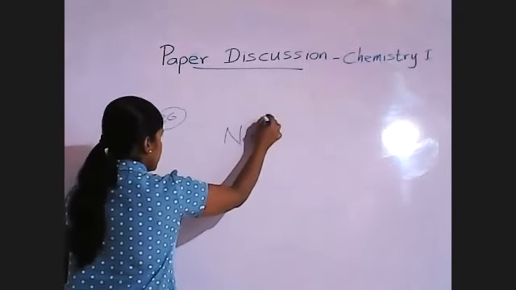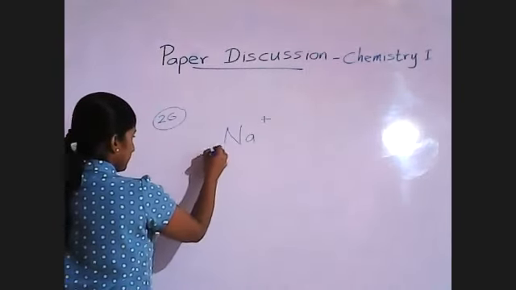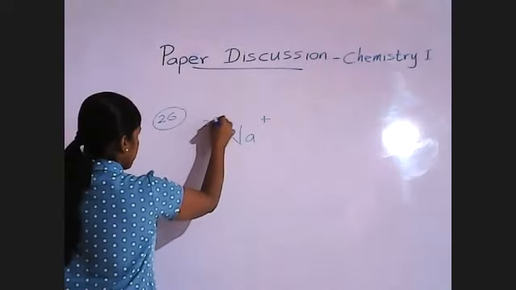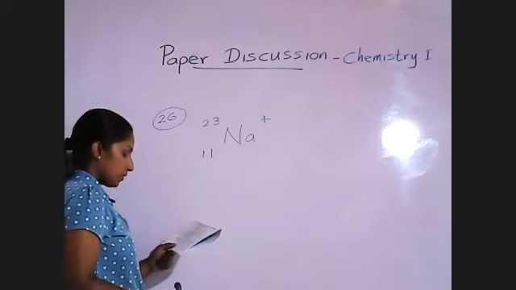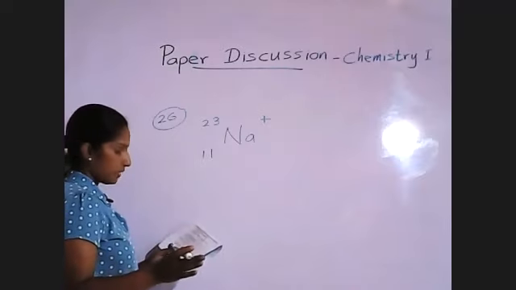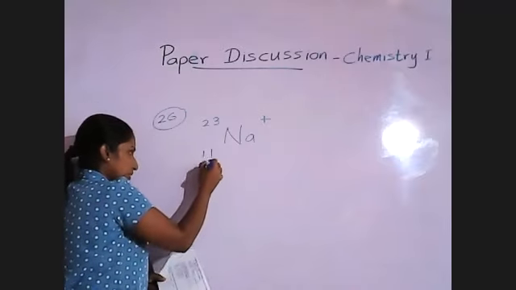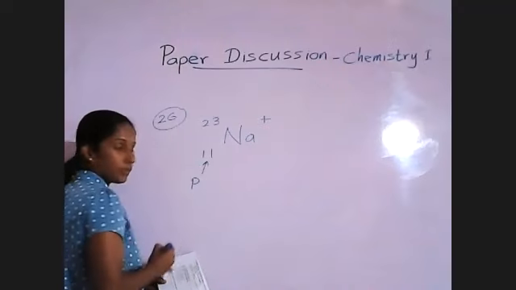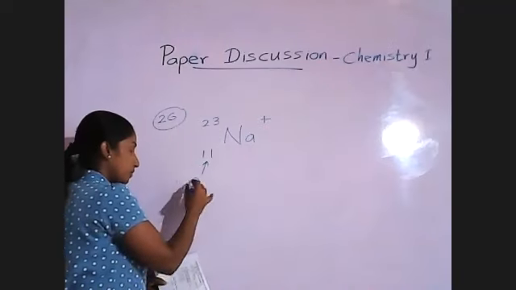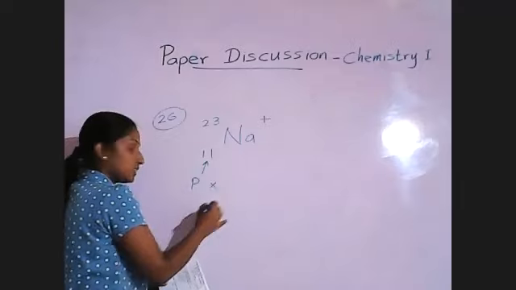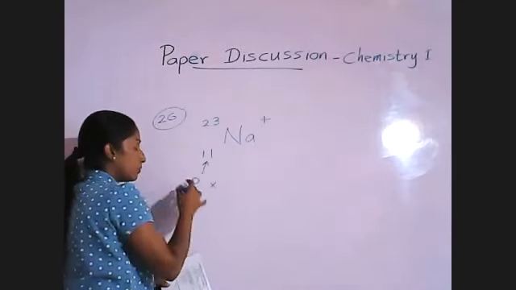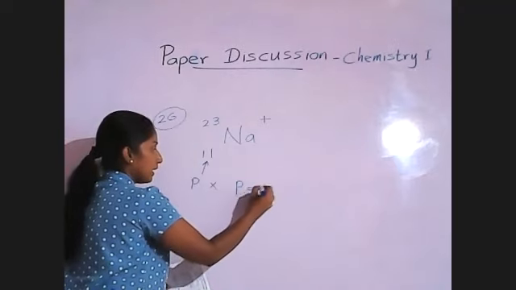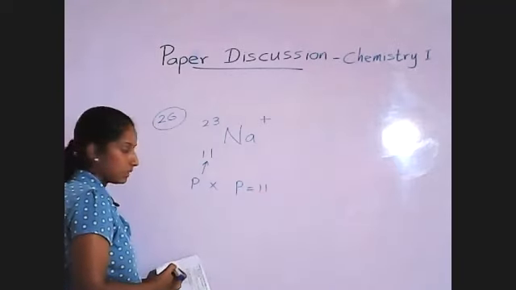Sodium plus ion, atomic number 11 and mass number 23. The number of electrons and neutrons are asked. This is the atomic number, that means the number of protons. The number of protons does not change, so in the ion also there are 11 protons.